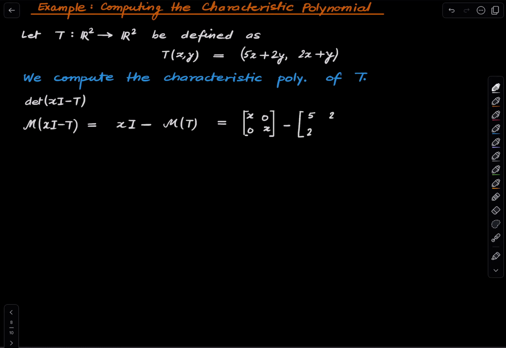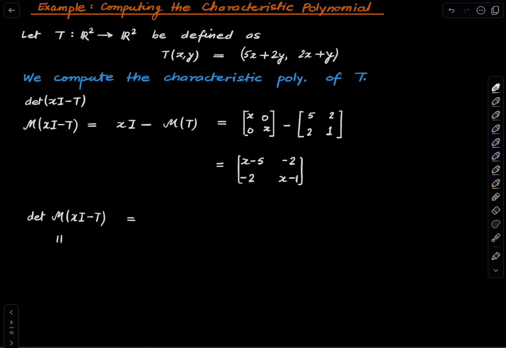It is what I'm writing. And I think this is not the matrix I wanted to discuss. This might lead to some imaginary roots. Let's see. So this is equal to x minus 5, minus 2, and x minus 1. So that's the matrix.